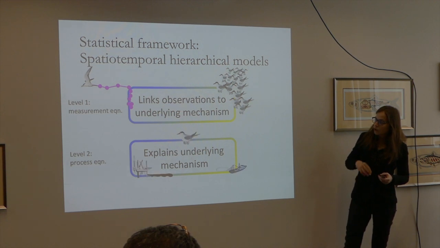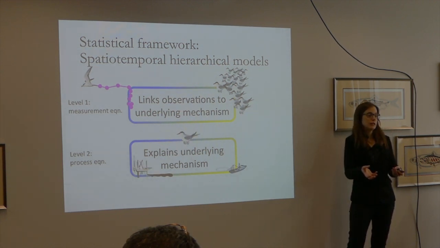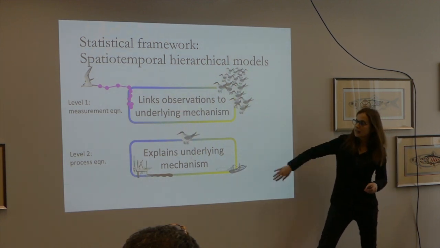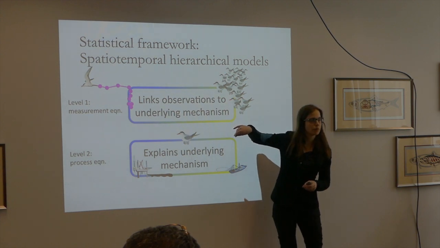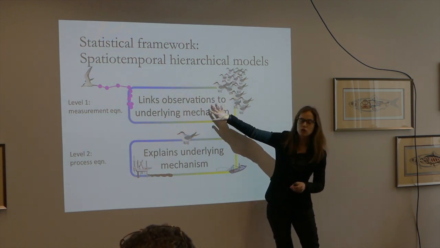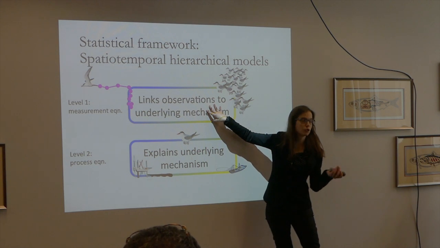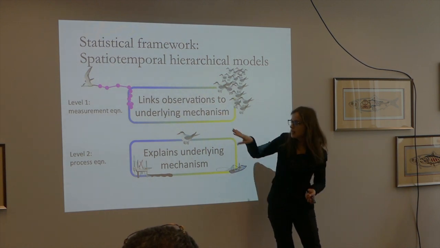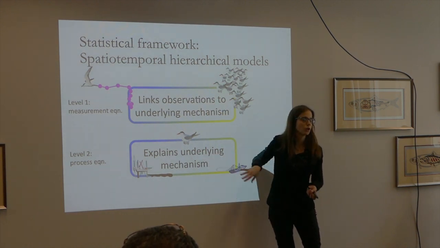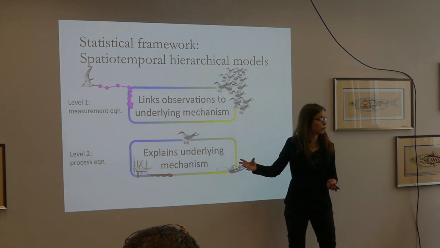And then the second level explains the mechanism that we're interested in studying. So for example, if we're looking at fisheries data, the measurement equation would model how fishery landings are gathered, and then the process equation would model how the population changed through time.